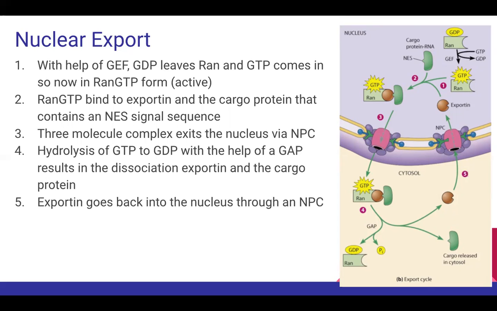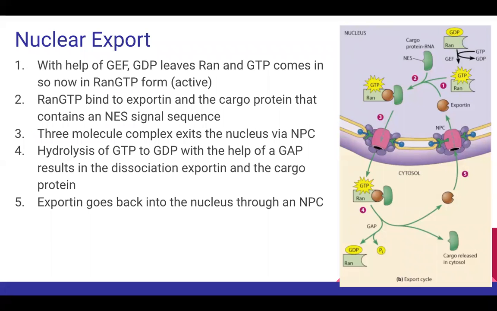So a GAP would not originally have any signal sequence, but if you needed GEF to function in the nucleus and the cytosol, GEF is normally functioning in the nucleus. So to get it into the cytosol, you need to add a nuclear export sequence. Okay. Just extra stuff from the first exam.